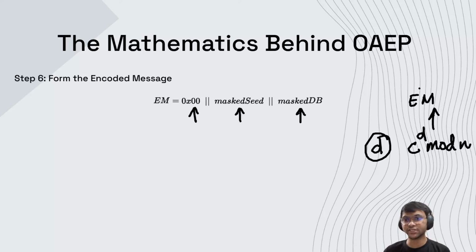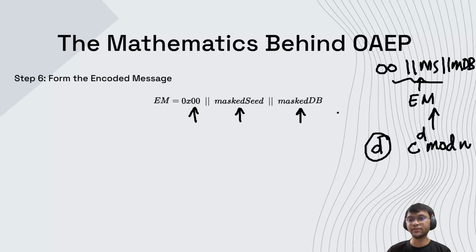They can then split it up into 00, the masked seed, and the masked DB, and use the same MGF that we used here and the same hash function, in fact, to unravel the XOR in reverse order. Finally, they'll check if the recovered hash, h dash, matches the expected hash and the block contains the same proper structure.